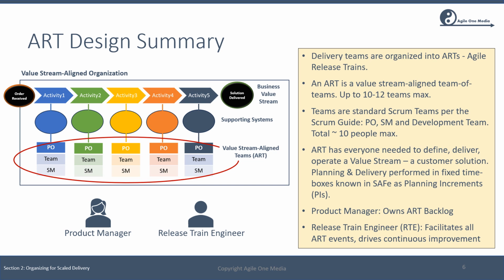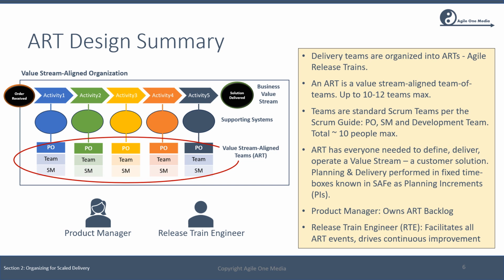Let's summarize what we know so far about ARTs. So in SAFe, delivery teams are organized into ARTs, Agile Release Trains. An ART is a value stream aligned team of teams with up to around 12 teams maximum. Teams on the ART are standard Scrum teams for the most part, occasional Kanban team. Standard Scrum teams per the Scrum Guide.